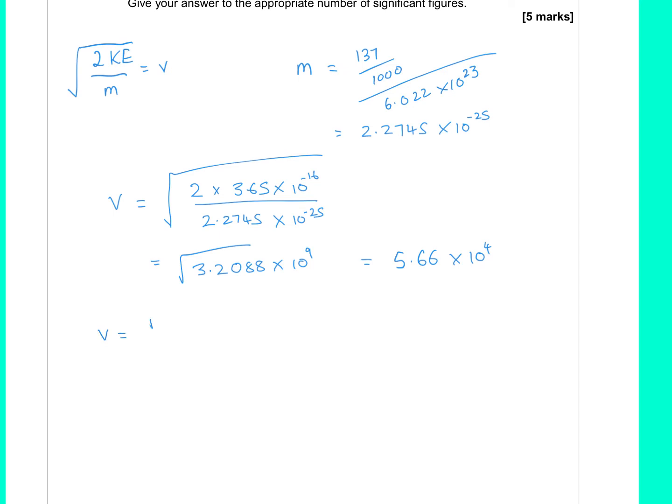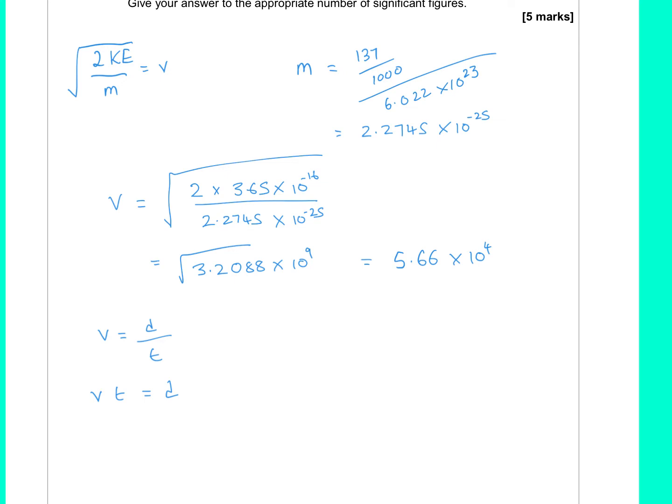And then if we know that velocity is distance over time, and we're being asked to work out the distance, and we've been given the time, then we know that velocity times the time is equal to the distance.